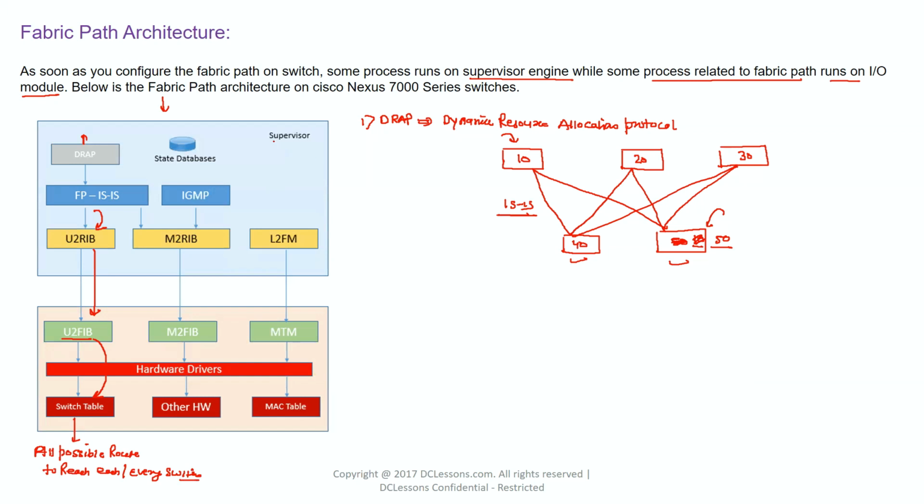Now the supervisor also has an L2FM, which saves or contains the MAC addresses of all end hosts. Now these MAC addresses of all end hosts are sent to the MAC table of the line card, and this L2FM, we say it as a layer 2 forwarding manager.